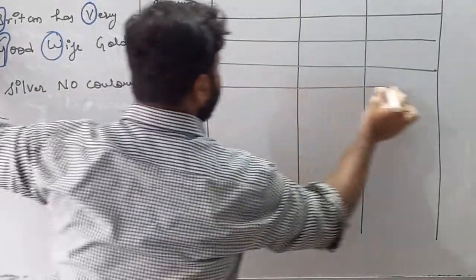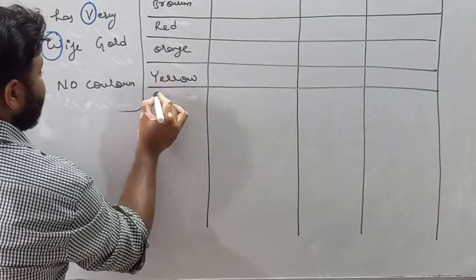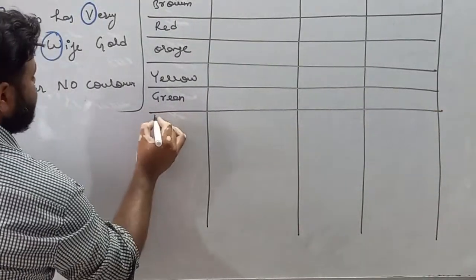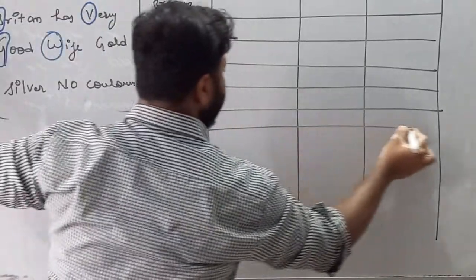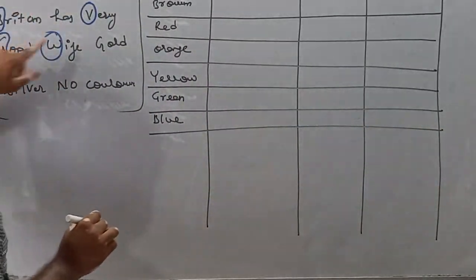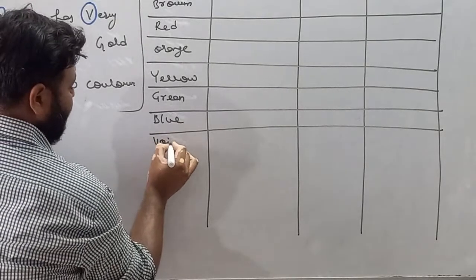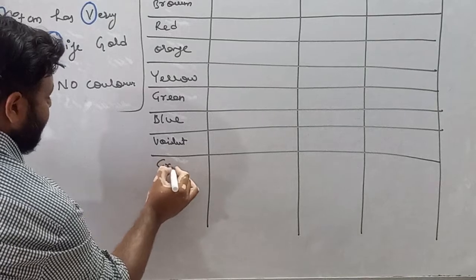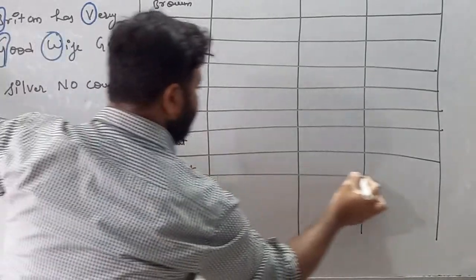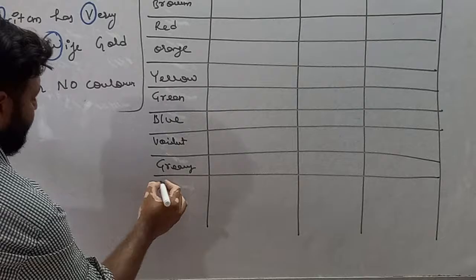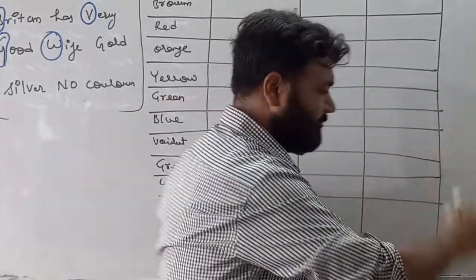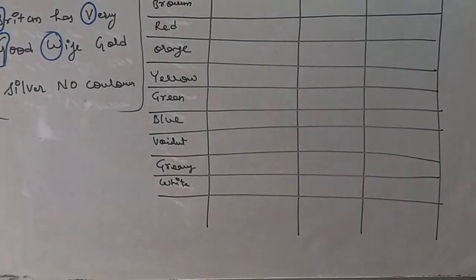Next, in Great, G is green. Next B is for blue. Next, Has has no capital letter. V is for violet. Next G is for gray. Next W is for white. So my dear students, remember, this is how you have to learn the table.